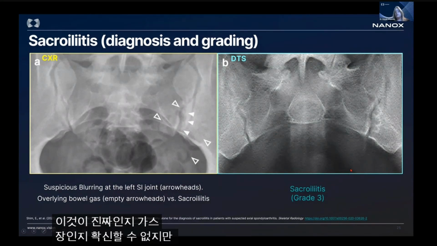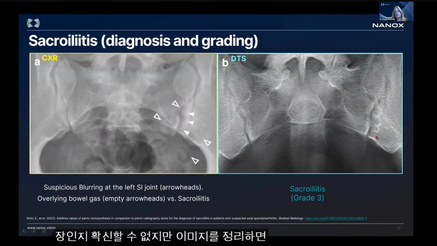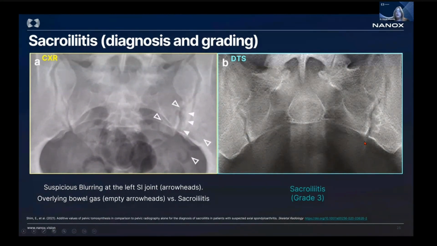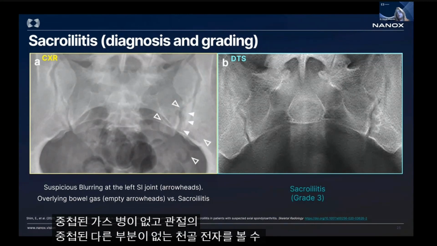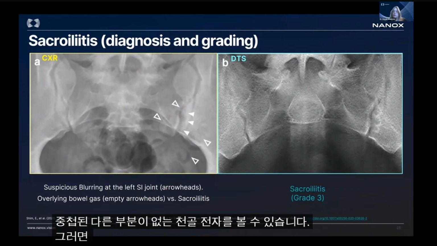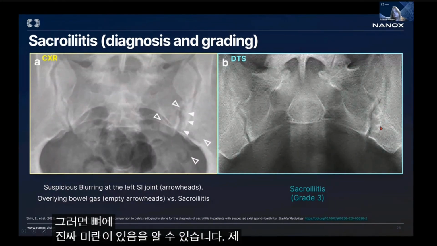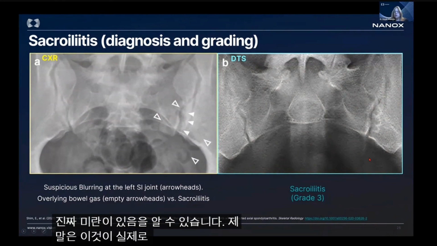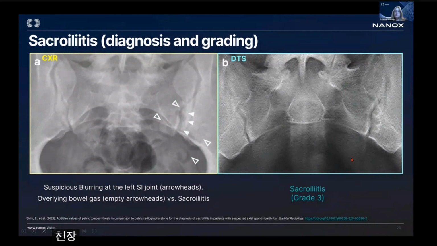But when we declutter the images and we see the sacroiliac joints without any superimposed bowel gas and without any superimposed other parts of the joint and the bones, then we can see that there are real erosions here. I mean, this is actually a grade 3 sacroiliitis.